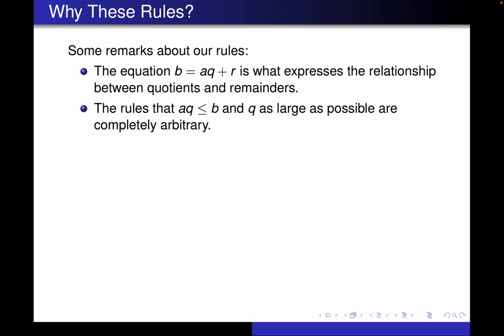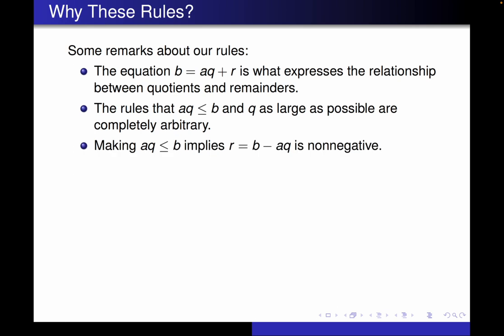Those seem like reasonable things to do, but in a global sense, they're completely arbitrary. They're rules we just made up. If I was in a different universe, I might make up different rules about which quotient and which remainder I might have. And as long as I had b equals aq plus r, those would still be reasonable rules. But these are the rules that we think are the most reasonable.